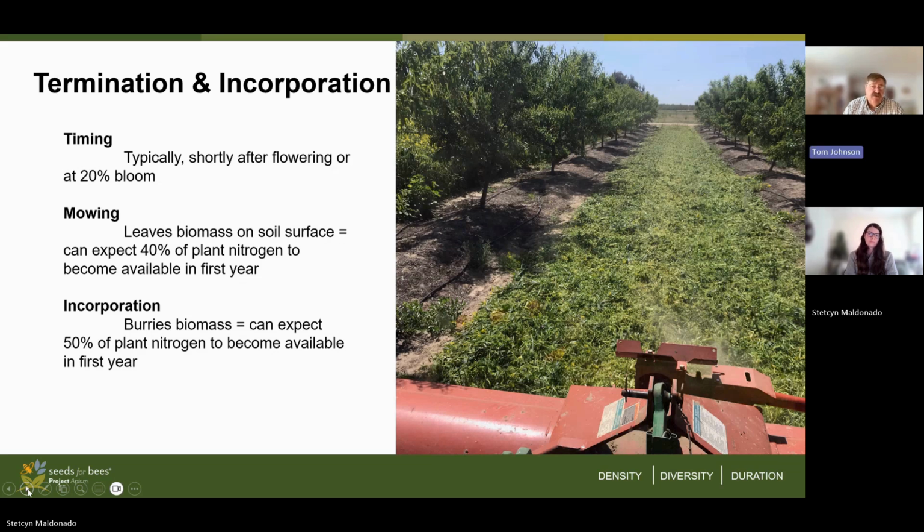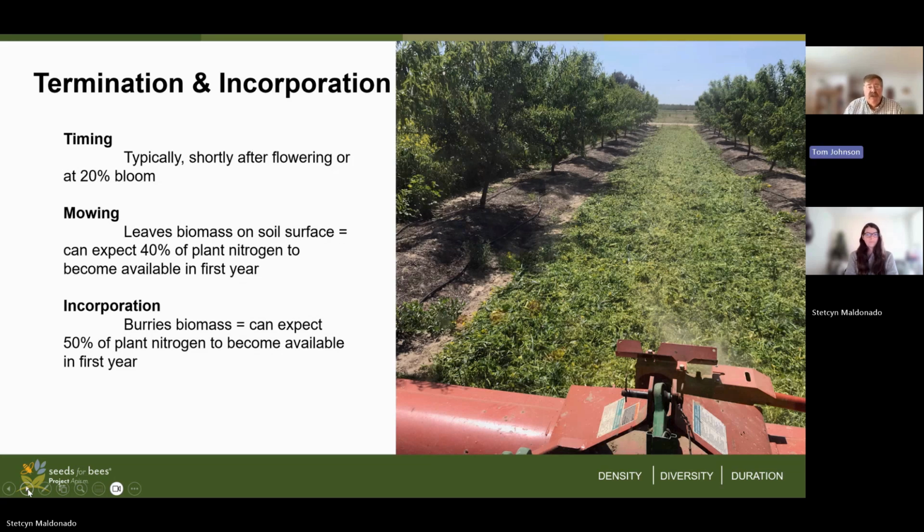Then whether you're going to just mow it or incorporate that biomass has something to do with how well it breaks down and how much nitrogen, and how fast that nitrogen is going to be available in the soil system. Mowing it by itself is going to leave that biomass on the soil surface.